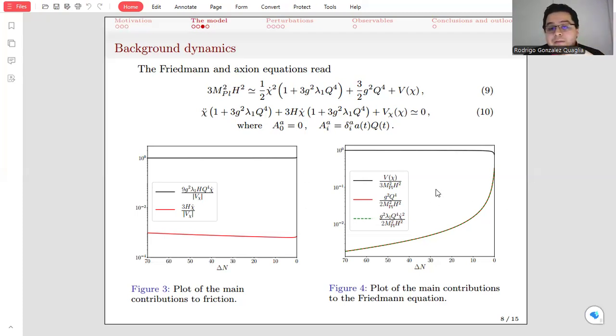On the right-hand side, instead, we are looking at the relative magnitude of the main contributions to the Friedmann equation. And we immediately see that the Friedmann equation is still potential dominated. This means that inflation is still driven by the potential of the axion field.